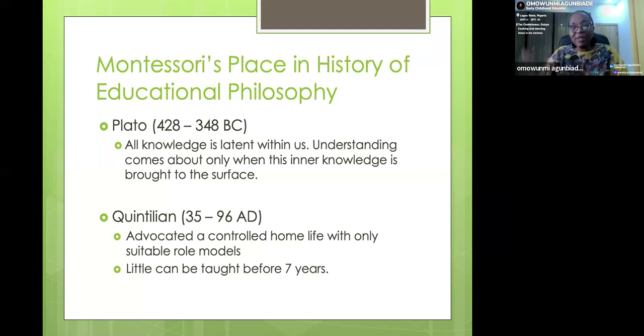She had to study other child development theories, other philosophers, other educators that had done 1 or 2 things before her, and using them as a foundation, she was able to build and also expand her own philosophy and principle when we talk about the Maria Montessori method.